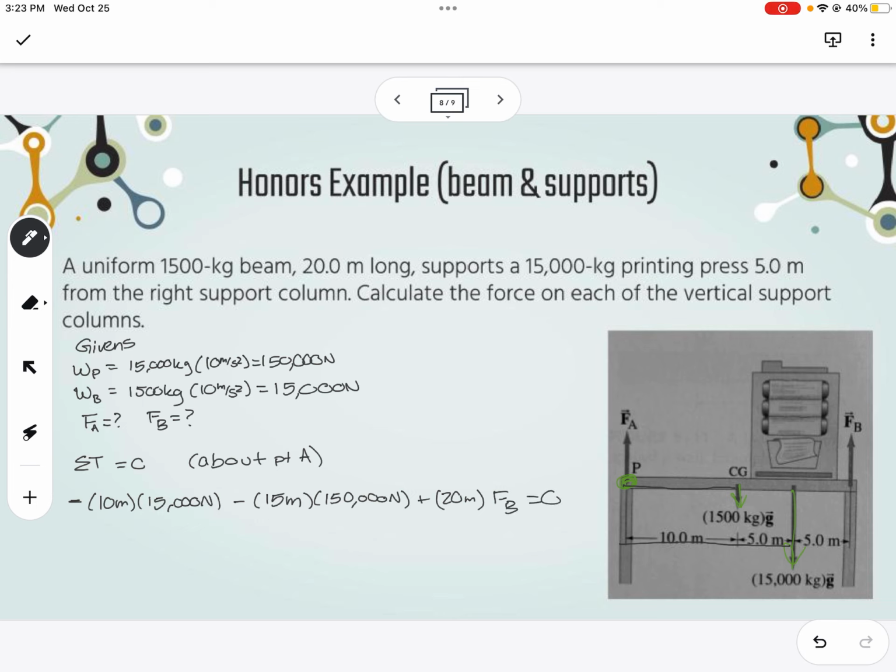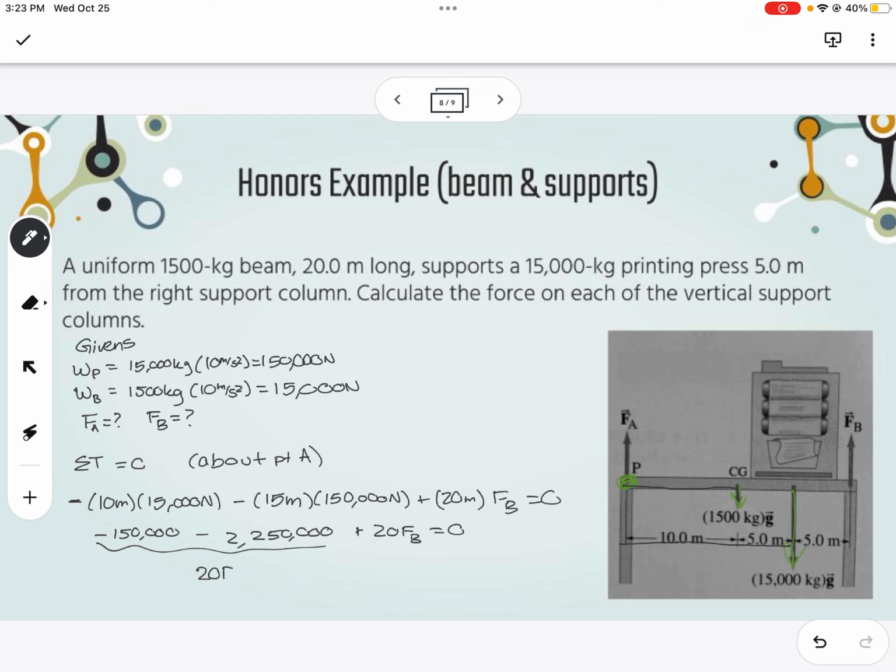I'm going to do a little math over here. I'm going to get negative 150,000. I'm going to drop my units if that's okay with you. Bad practice, but it's all right. Over here, we're going to get 2,250,000. Feel free to pause and double check these numbers. Plus 20 FB equals 0. We can combine those up and move them to the other side.